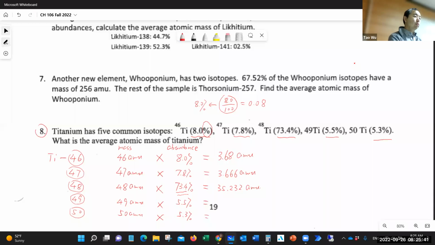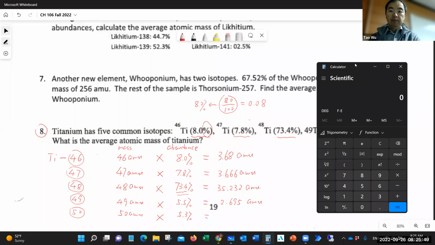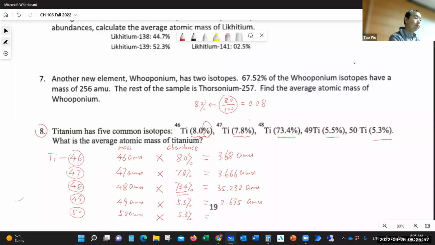That is 2.695 AMU. Then 50 times 5.3 divided by 100. That is 2.65 AMU. Okay, so now you have the mass times the abundance for each isotope.